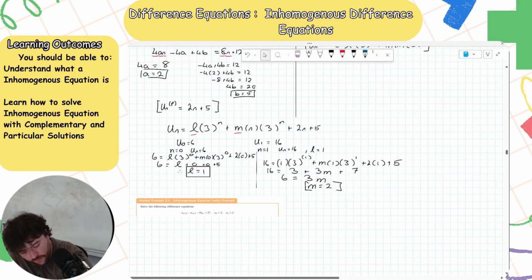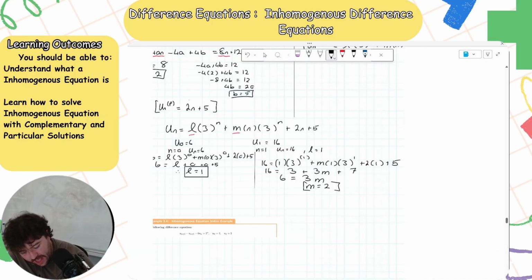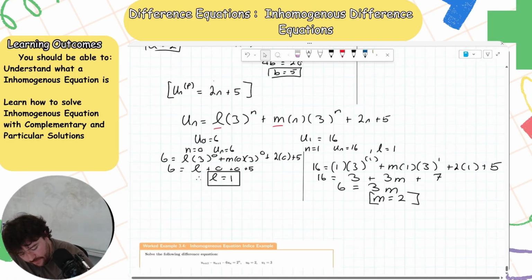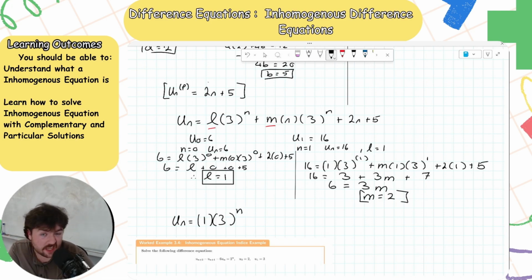So therefore, I have my L and my M here. Therefore, my complete solution, un, is equal to 1 times 3 to the n. I don't need to specify the 1 because anything times 1 is itself.